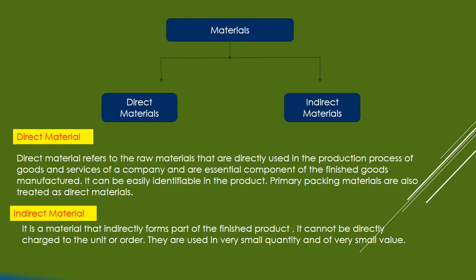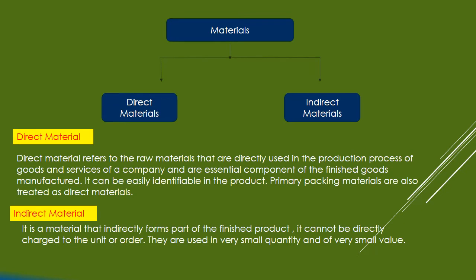Indirect material is a material that indirectly forms part of the finished product. It cannot be directly charged to the unit or order. They are used in very small quantity and of very small value. In the example of garment manufacturing, the thread which we use to stitch cannot be easily identifiable.